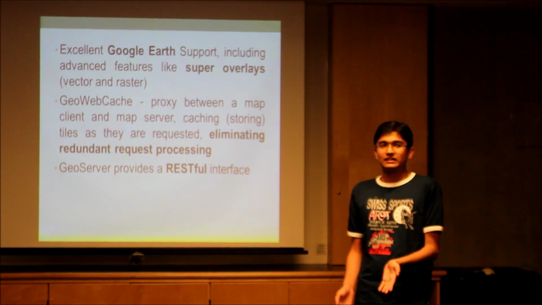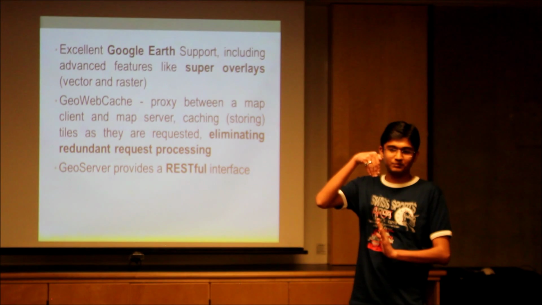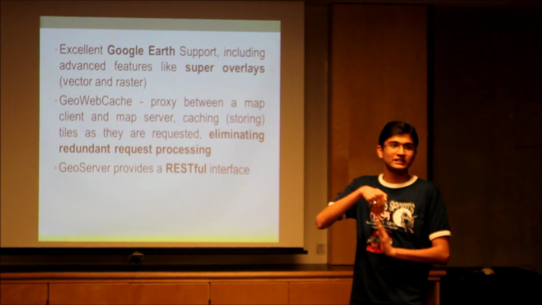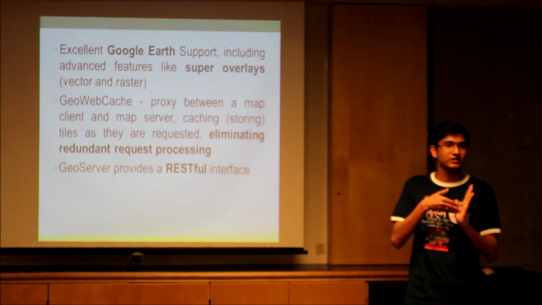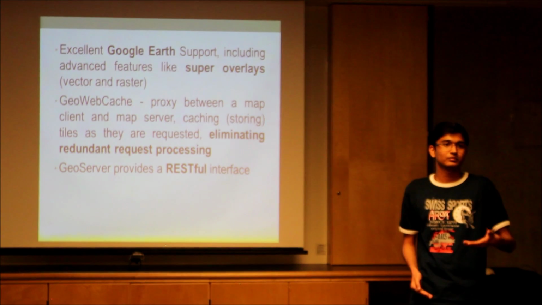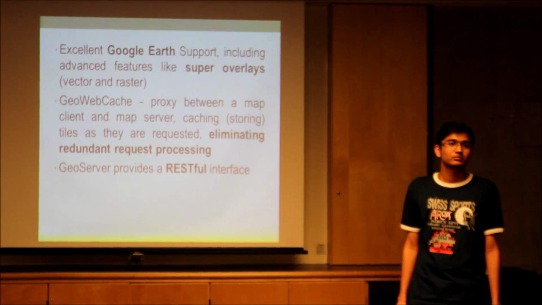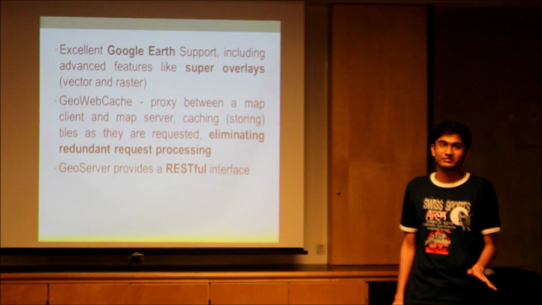Right now, what we see for a map is a top view of the map, right? And Google Maps and Google Earth are providing a 45-degree view, so you can actually see buildings and structures. So basically, super overlay is not 2D, but it's closer to 3D. It's not 3D. It's 2.5D.